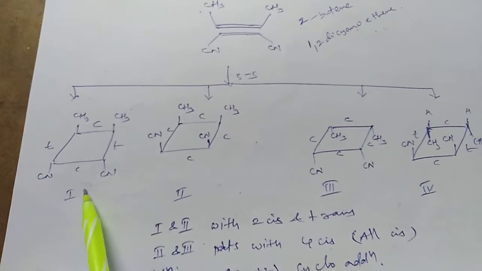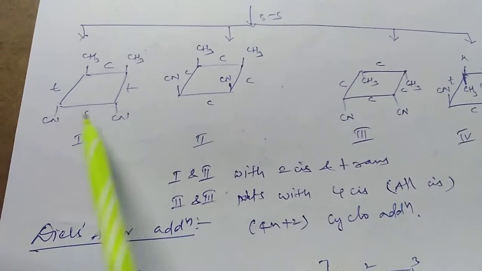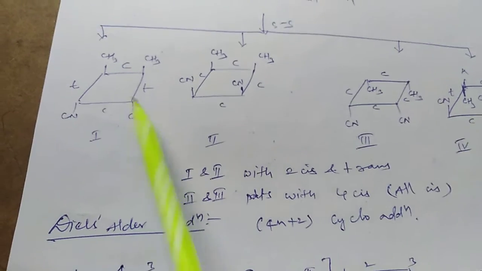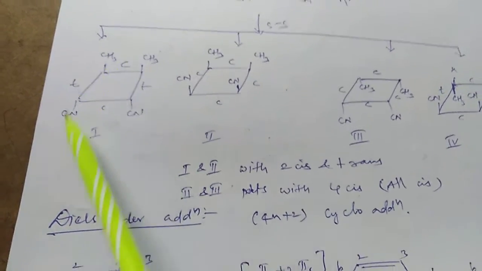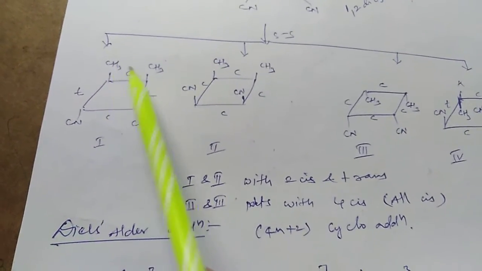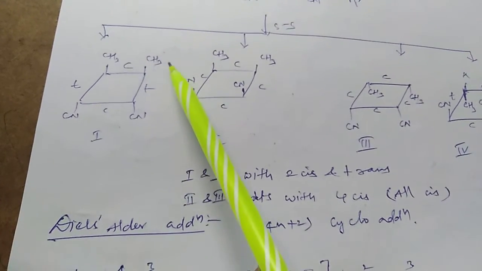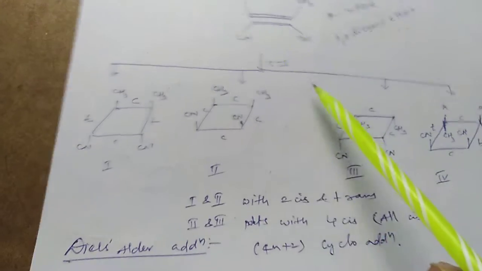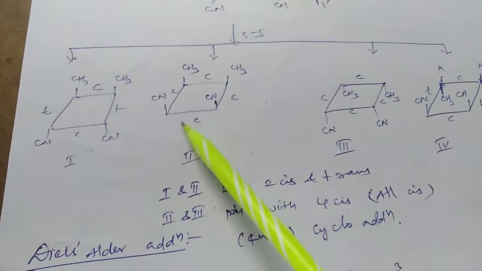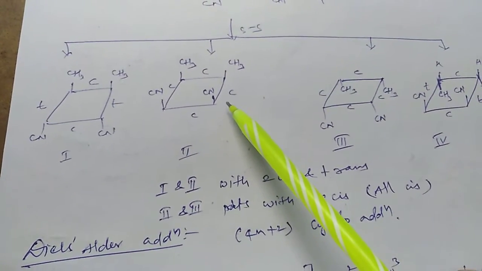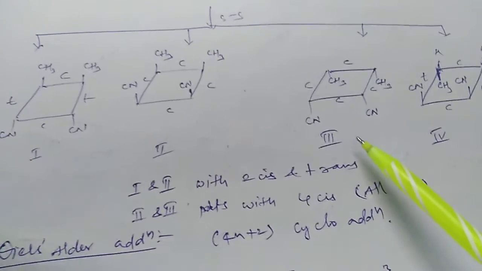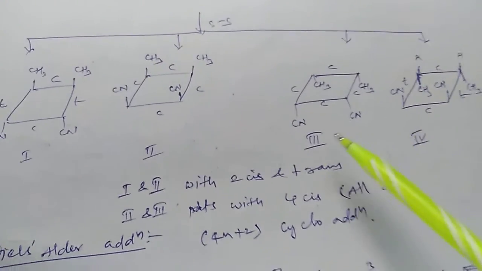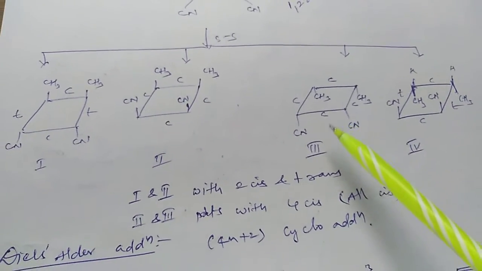They are, first one, cis is obtained between CN and CN, trans is obtained between CH3 and CN, cis is obtained between CH3 and CH3, and trans is obtained between CH3 and CN. So it is the first product of the above reactants. It is the second product, where all cis compounds are formed, and in the third conformer, all cis isomers are formed.